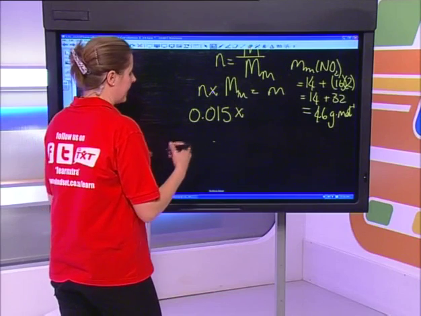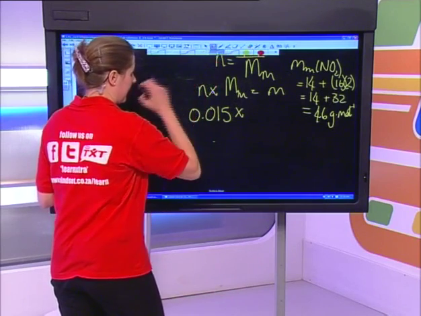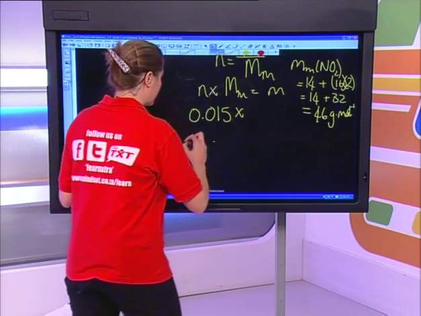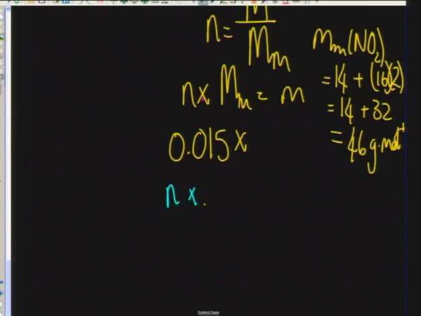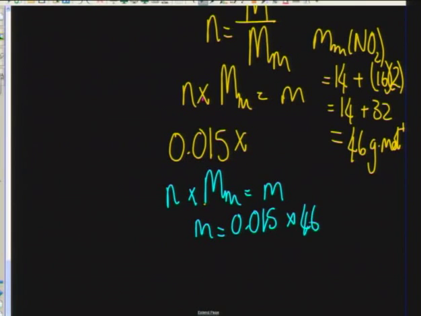Now I can come back here, and I don't have that much space, so I'm going to rewrite this. n times molar mass is equal to mass. So the mass is 0.015 multiplied by 46.